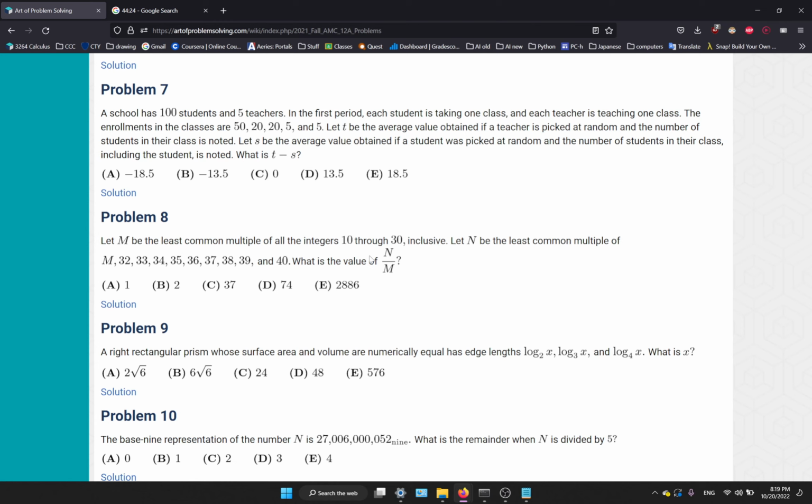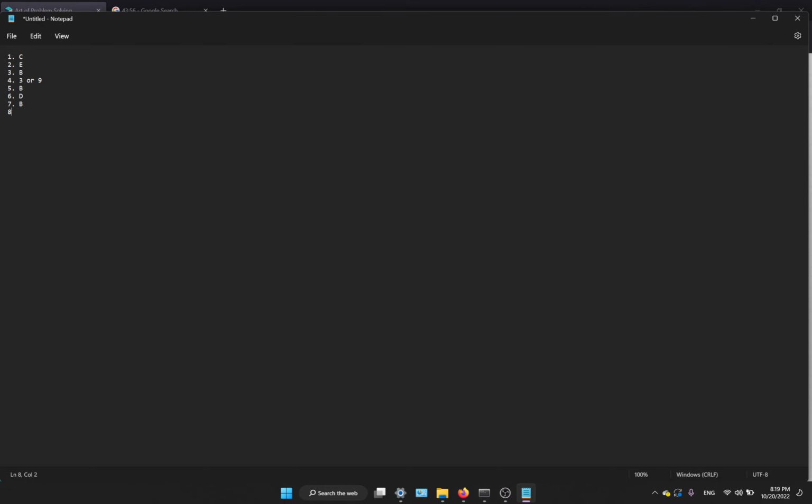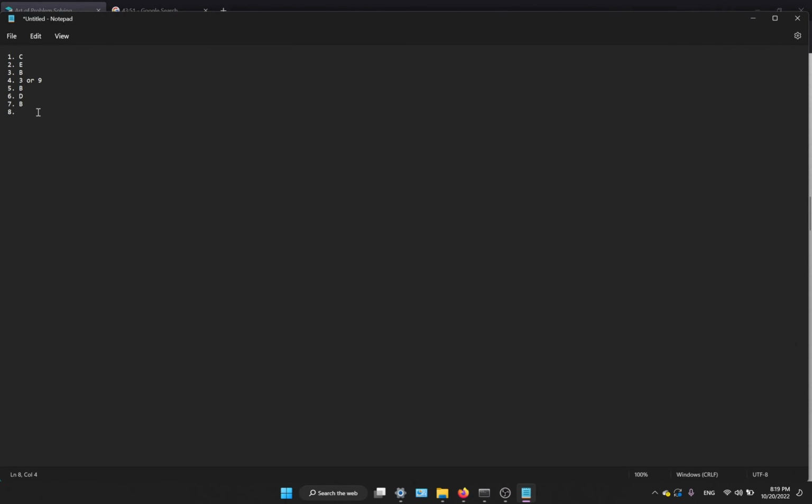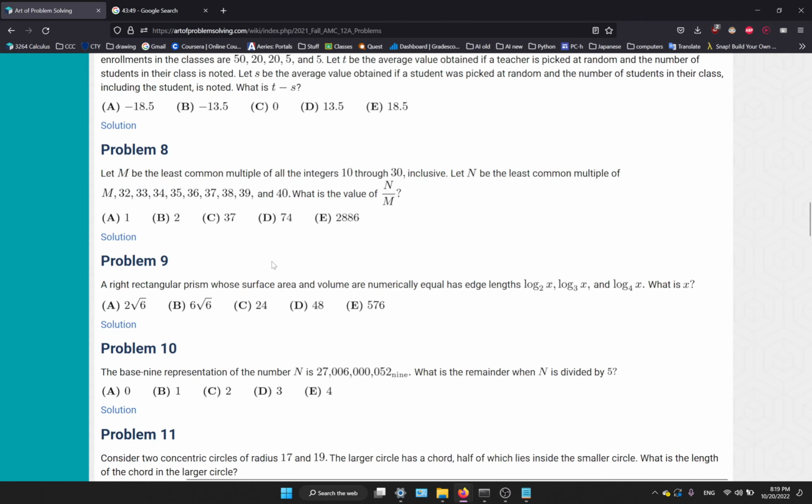So n equals m times 37 over m. How do we find that? You can just cancel the m's. And then we get 37, answer choice C. That's cool.